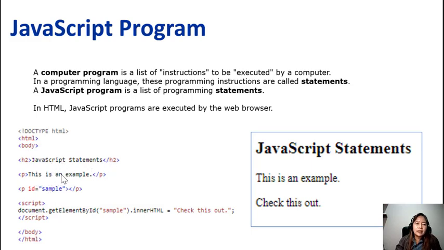It will display, this is an example. You have here another paragraph, the second paragraph that is identified as sample. It doesn't have any initial value, but when it gets to perform the script, that particular placeholder or paragraph will have a value of check this out.